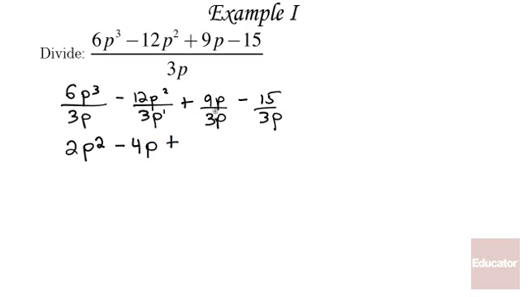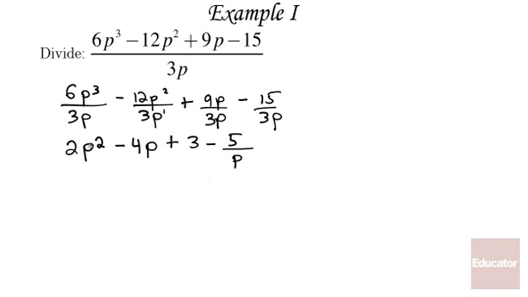Here I have 9p divided by 3p, so 9 divided by 3 is 3, p's cancel out. Here I have negative 15 divided by 3. That's going to give me a negative 5, and it's actually divided by 3p, and that p is just going to stay in the denominator.